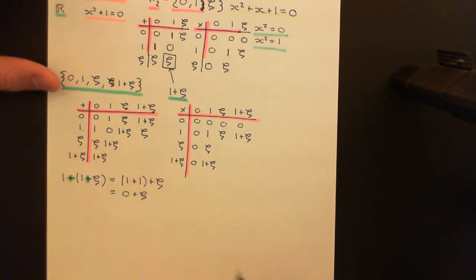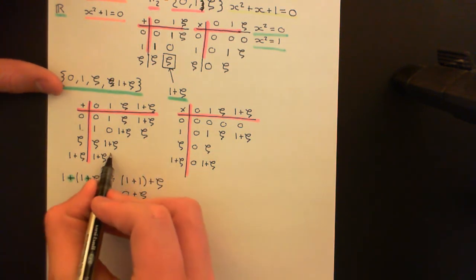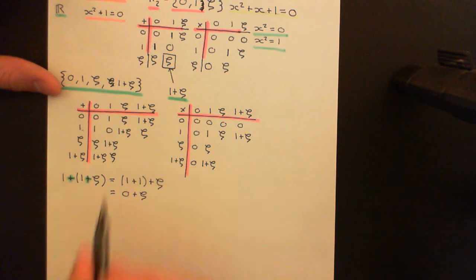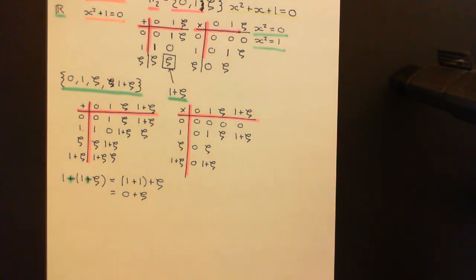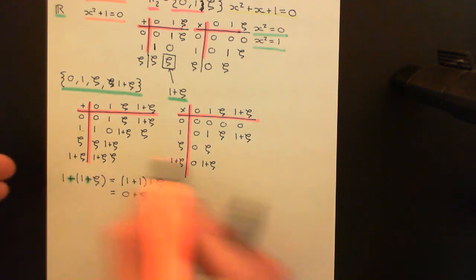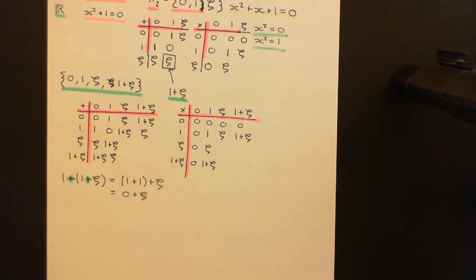And of course, because we want the addition to be commutative, I can instantly say that (1 plus zeta) plus 1, the other way round, also has to be equal to zeta. So this is what I mean by using the axioms that we want it to obey and saying, if we want this structure to obey these axioms, then this must be true. If this isn't true, then it doesn't stand a chance of obeying those axioms.